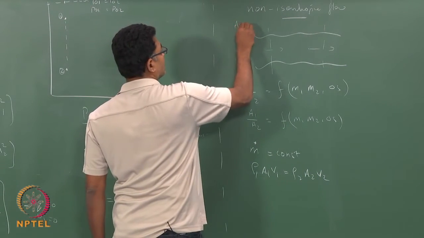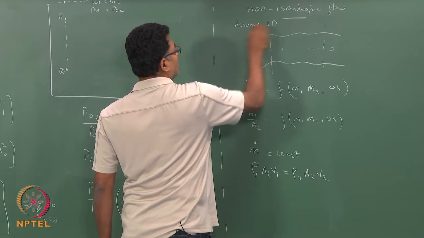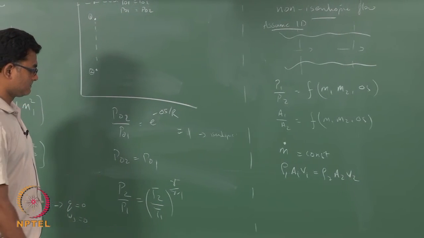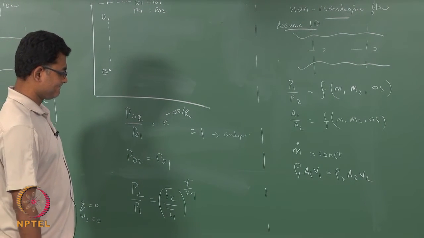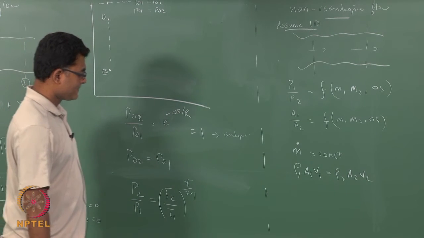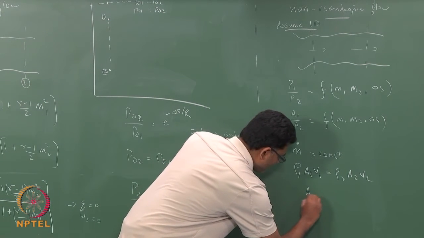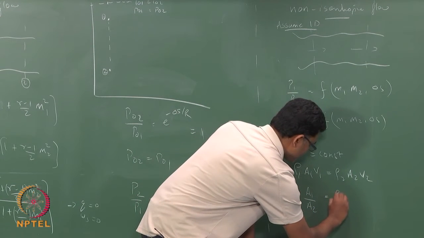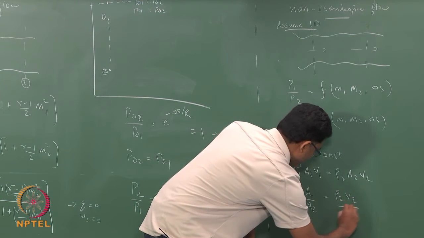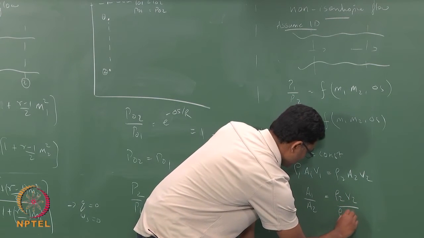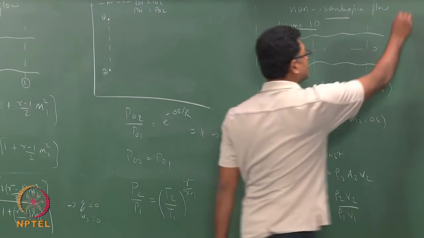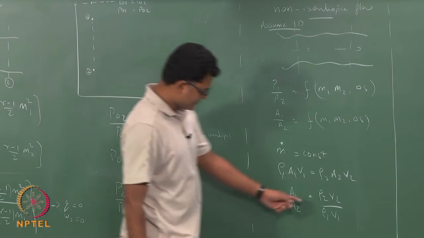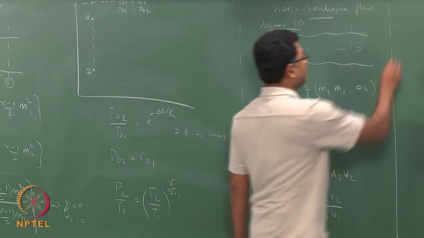Assume 1D flow. So, if I want to find A1 by A2, I would write rho 2 V2 by rho 1 V1. Now, I substitute rho and V from the perfect gas relation.